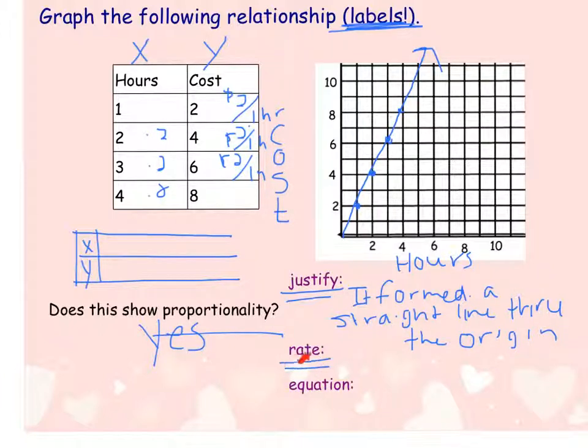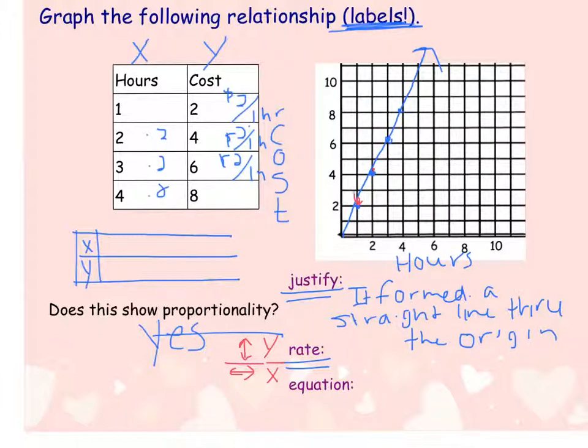The rate is how much you go up and over to get to the next point. So again, it's kind of like driving directions, but instead of always from the origin, it can be from any point on the line. So it is how far we go up compared to how far we go over, or that y change over the x change. So I can pick any 2 points from here to here.